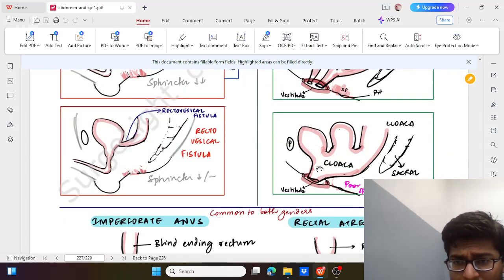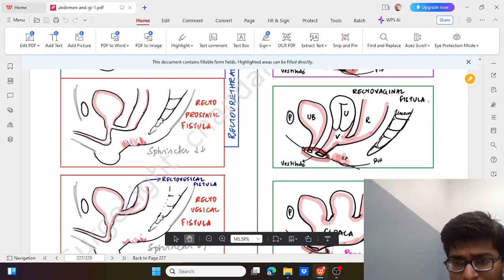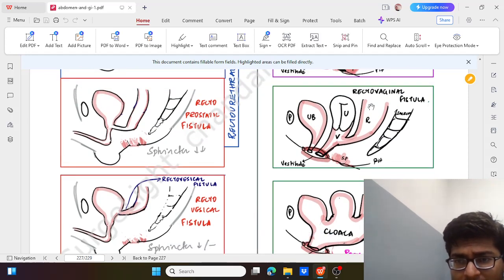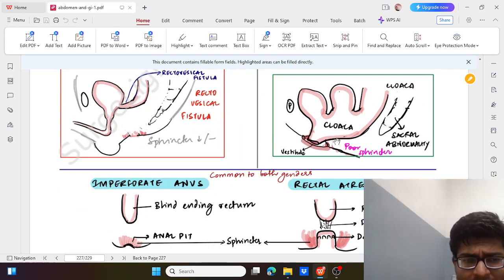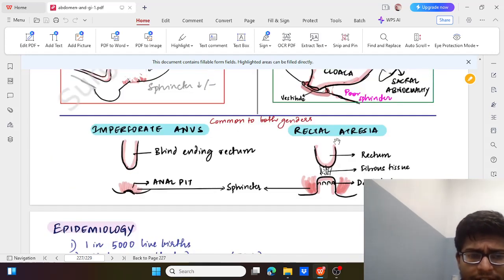So this is the cloaca, where there is a common opening as you can see in the diagram, with a poor sphincter mechanism and sacral anomaly. And here is the rectovaginal, where the rectum opens into the vagina, but it is very rare. So this was the diagrammatic representation and explanation for these disorders.